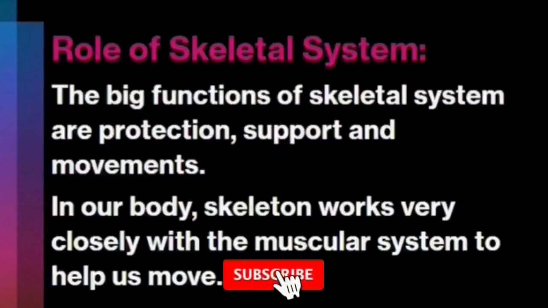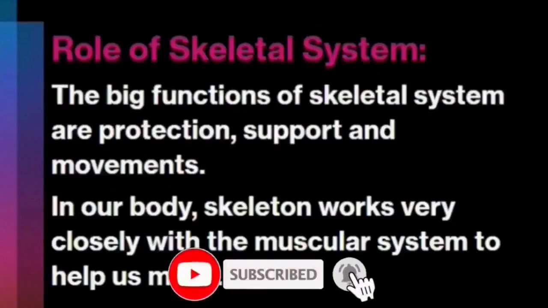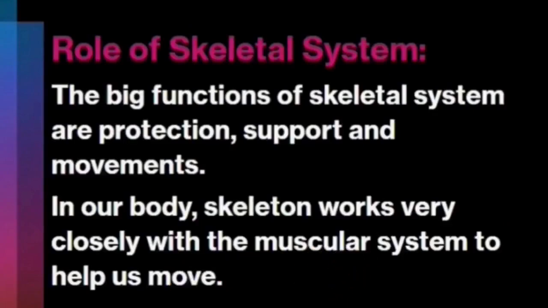What are the functions that the skeletal system performs in our bodies? The big functions of the skeletal system are protection, support, and movement, while our body is performing its various activities and actions. In our body, the skeleton works very closely with the muscular system to help us move, because our muscles are attached to our skeleton.